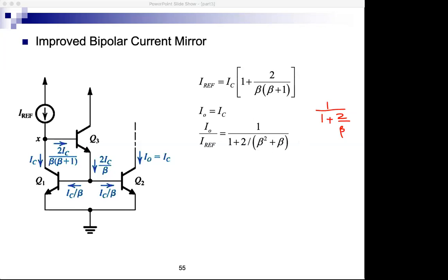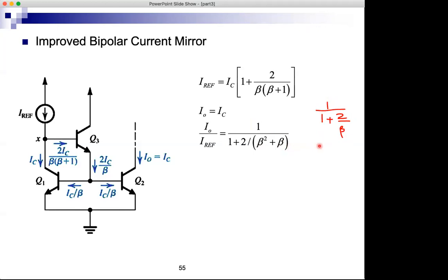So 50 times 50 squared plus 50, and then 2 over that, and then 1 over the whole thing. If this is 0.96 when beta is 50, this will be 0.999. Definitely a big improvement. This is very, very close to 1.